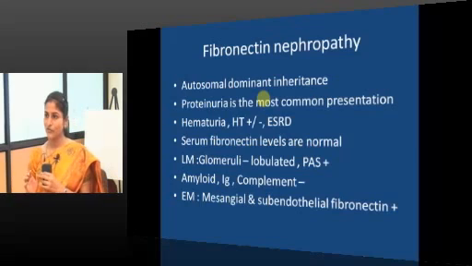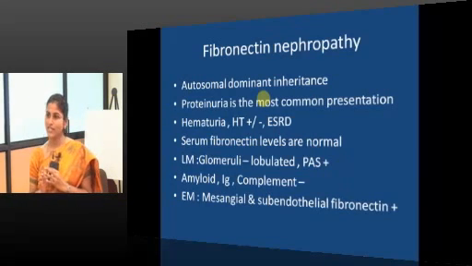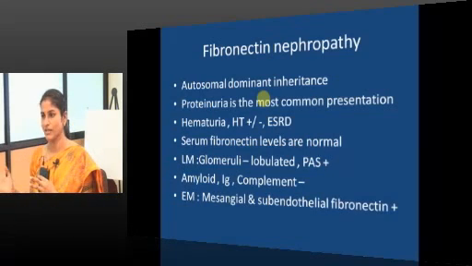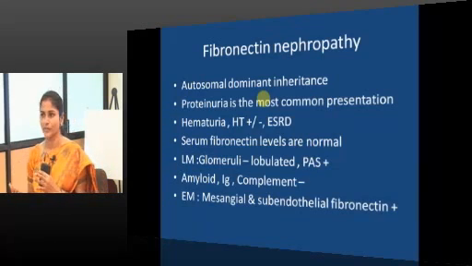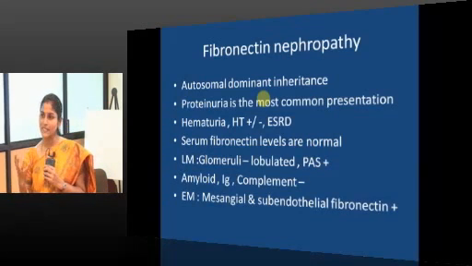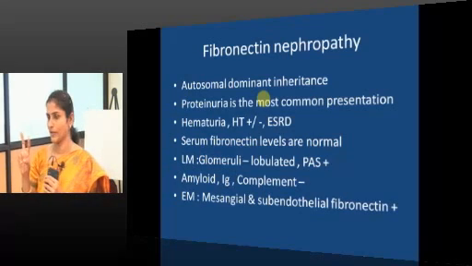Fibronectin nephropathy is inherited in an autosomal dominant mode, where proteinuria is the most common symptom. Hypertension may occur, it does not mean it does not happen, or that it is very common. So, hypertension may be a symptom of fibronectin nephropathy. We have fibronectin in 2 locations, one in serum, the other the tissue fibronectin.